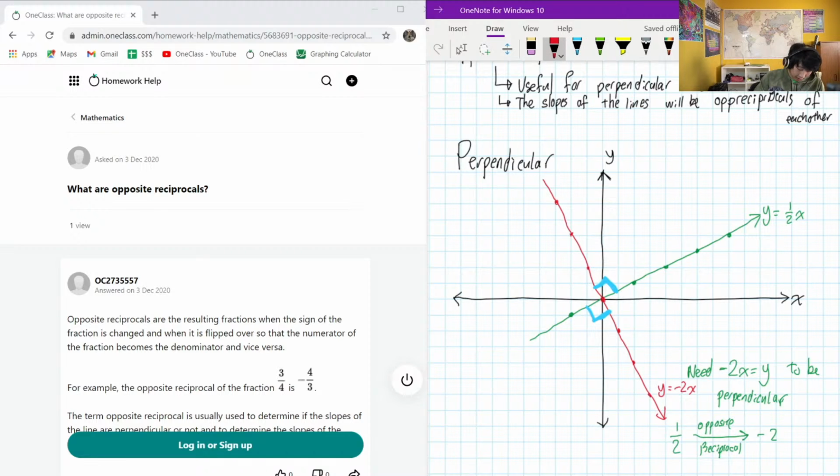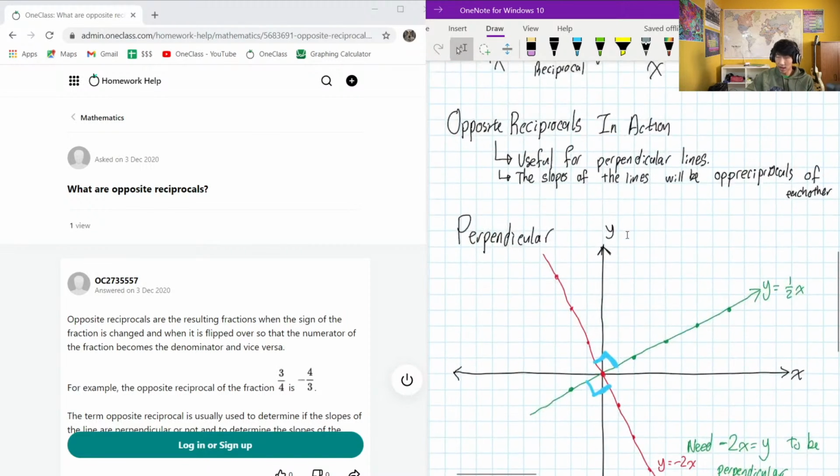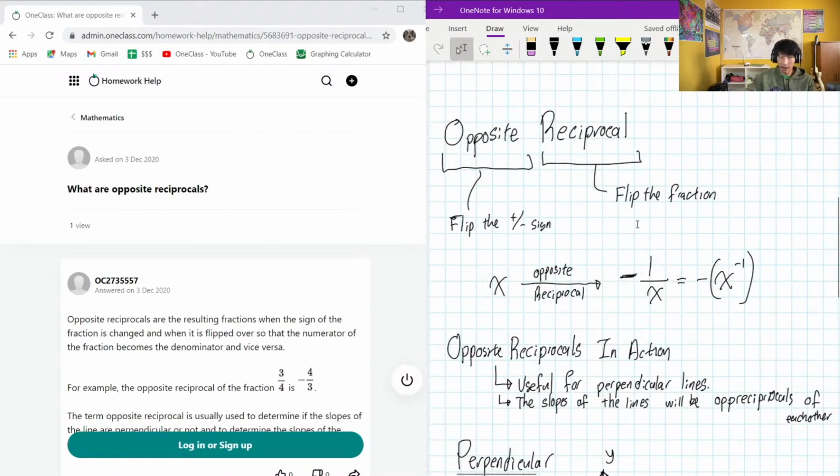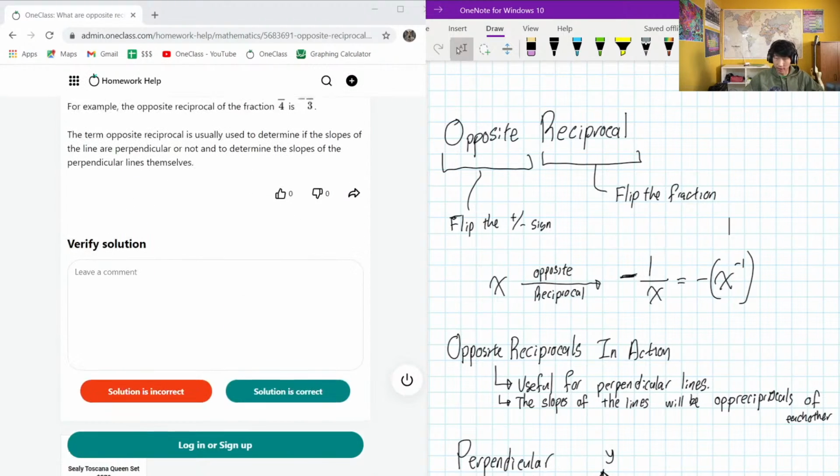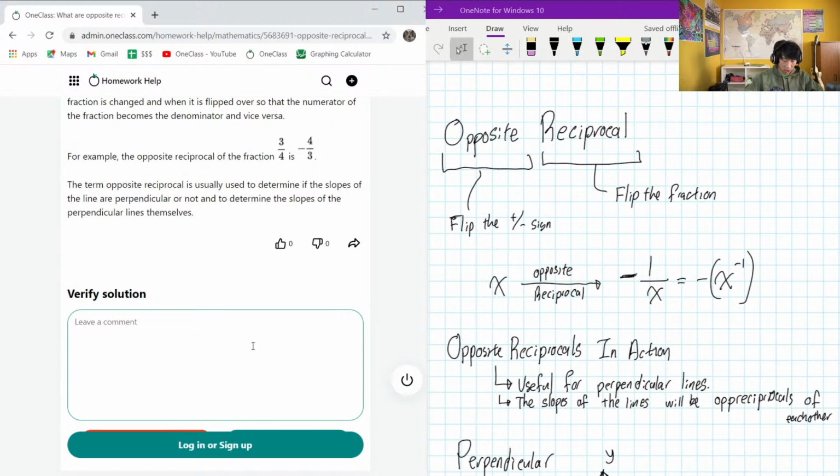Okay, so this is how you would use them in action, and you really just multiply by negative 1 and divide it by 1, or raise it to the power of negative 1. Okay, so it's fairly straightforward. It's pretty fun stuff and very useful for slopes. Cool. So the solution is good. Yeah, nice.